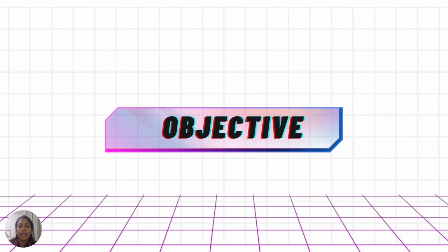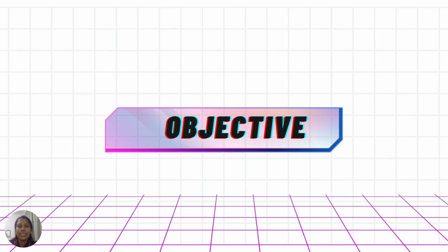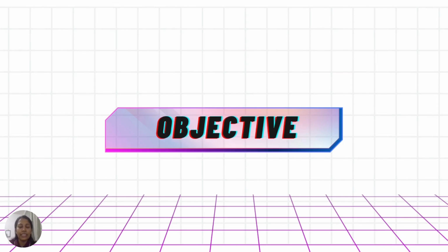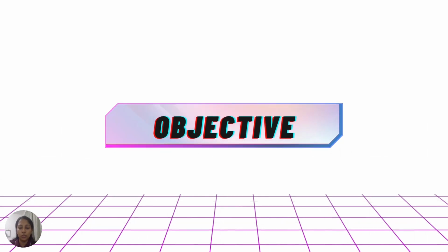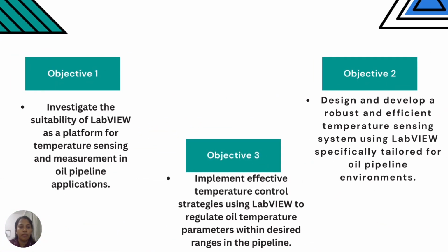Good day, doctor. I am Sasmita Davanathan, Matric CE 2053. Here are the objectives for Assignment 2. The first objective is to investigate the suitability of LabVIEW as a platform for temperature sensing and measurement in oil pipeline applications.